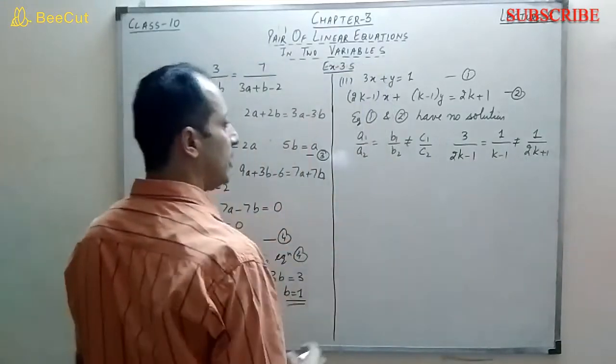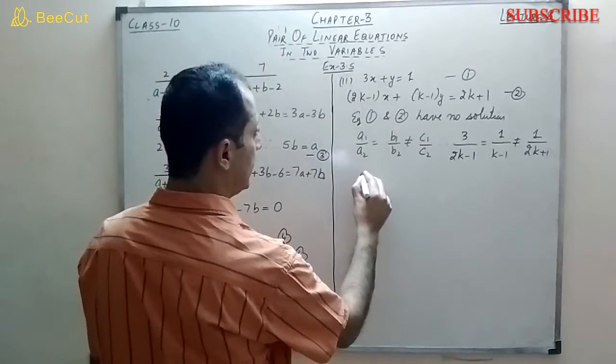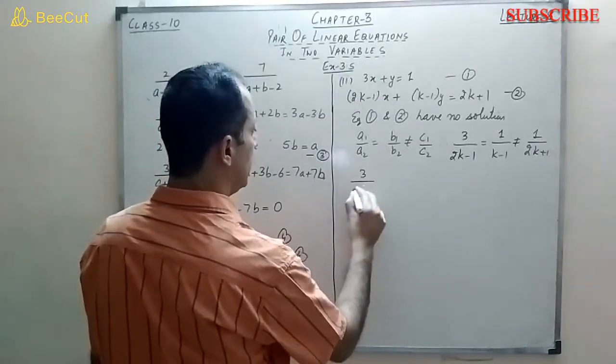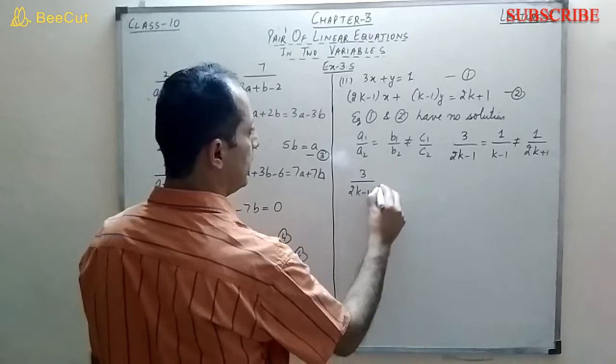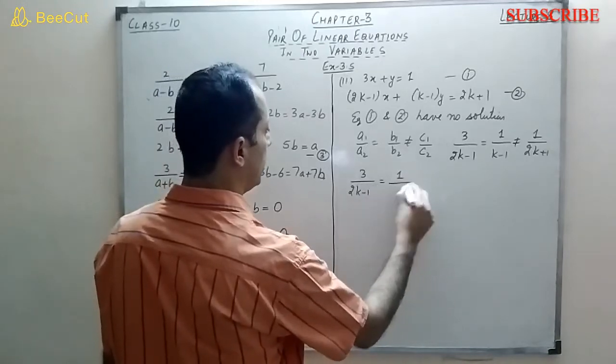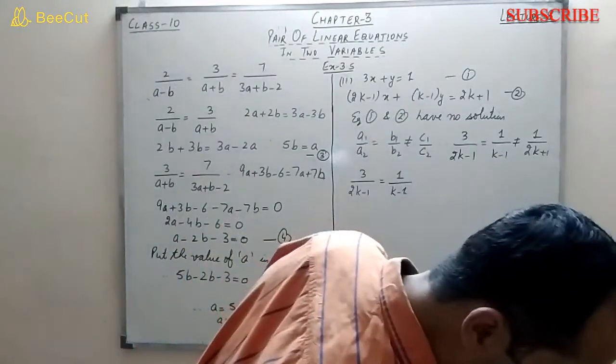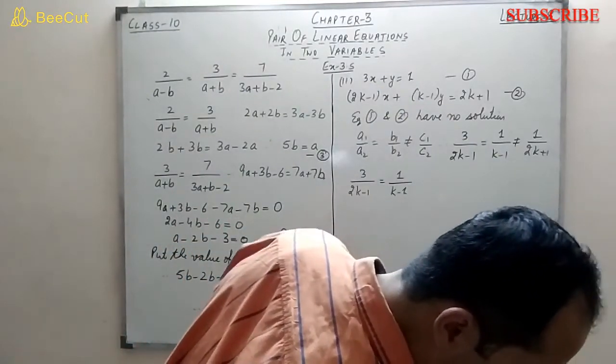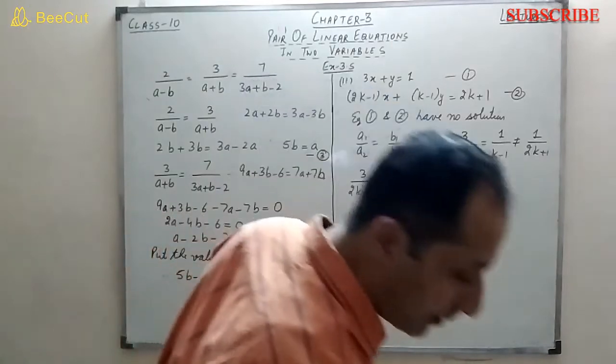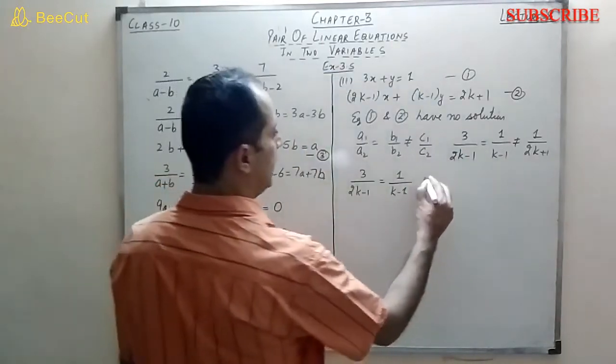So I take the first two conditions. So that is 3 upon 2k minus 1 equals to 1 upon k minus 1. Let us check once again. Yeah, it's correct. Now we cross multiply.